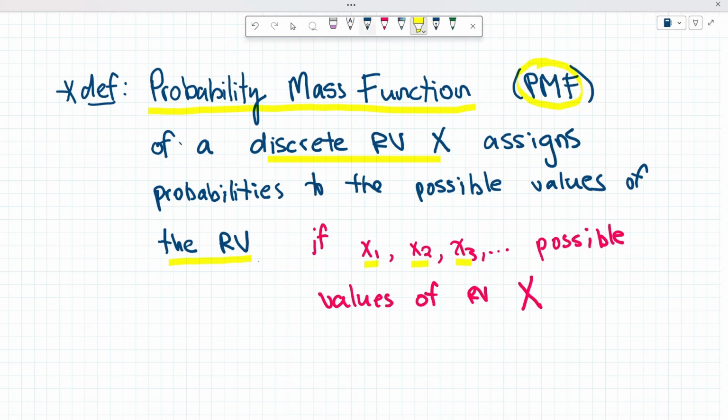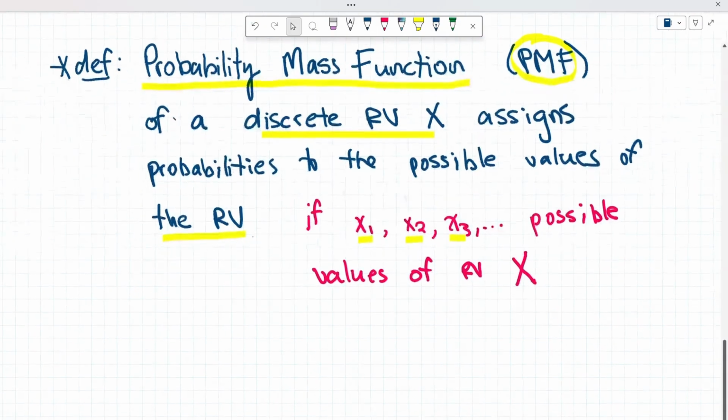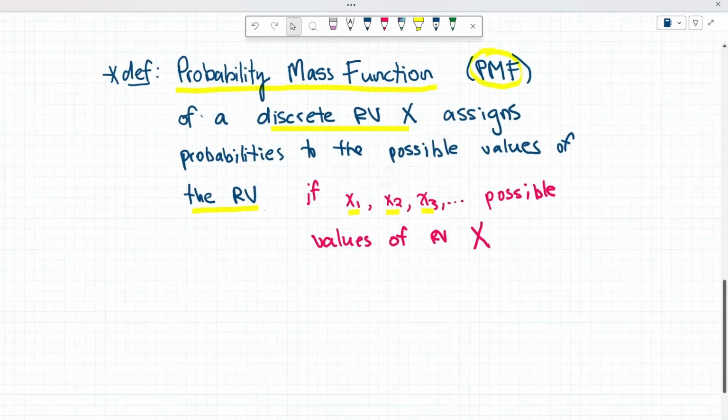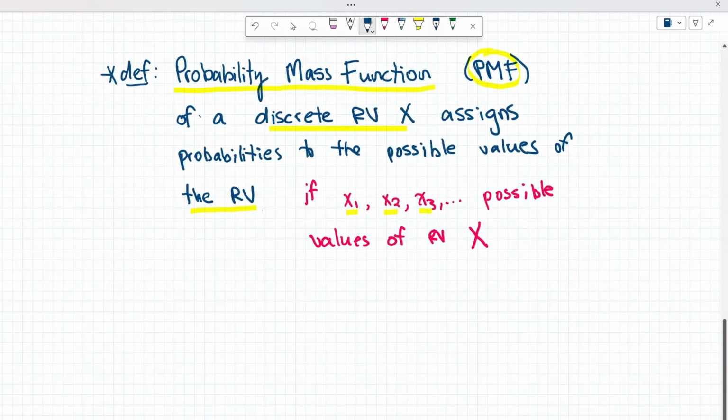If that is the case, then we can denote our probability mass function in the following way. Let's give ourselves a mathematical notation. It looks like function notation: p of xi, where this xi represents our x1, our x2, and so on.